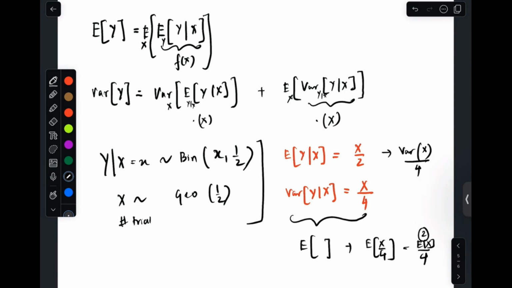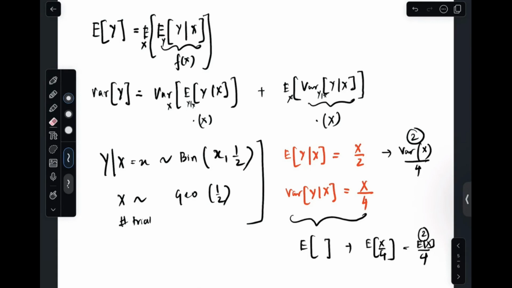You can calculate that, and you can also get it to be 2, right? Probably it was like 1 minus p by p square, or similar, something in this range. So 1 minus p will be half, and p square will be half square. So it will be 2, right? So for the number of trials, you get this. Yes, q by p square. So yes, 1 minus p by p square, so you get 2.